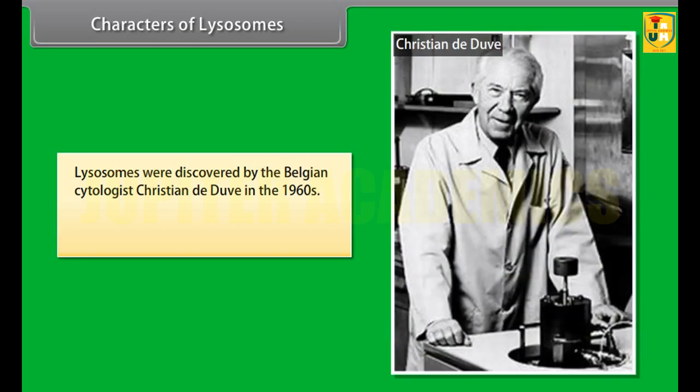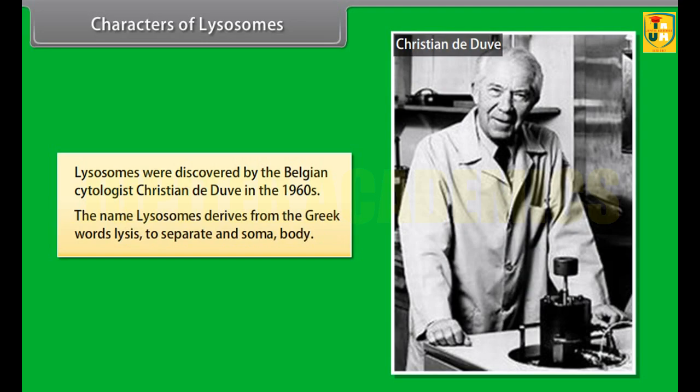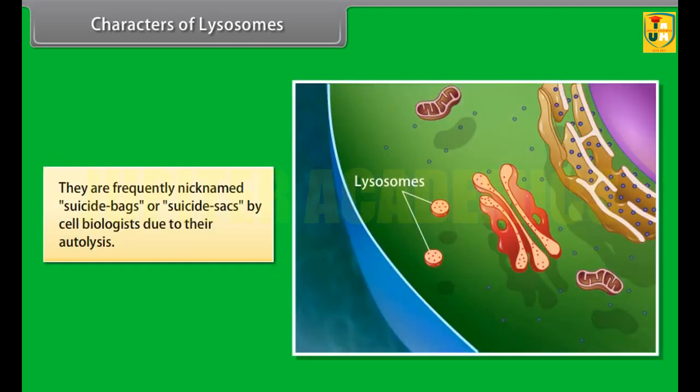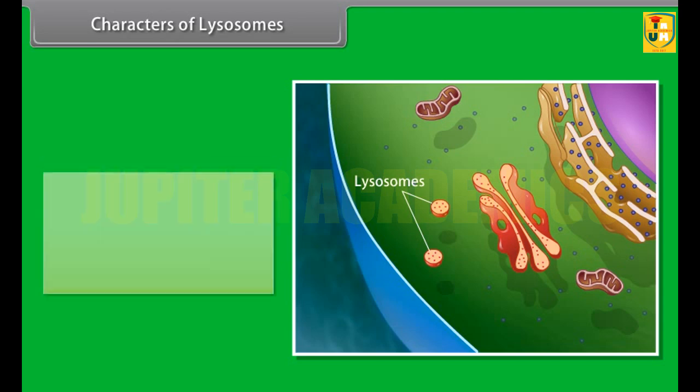Lysosomes were discovered by the Belgian cytologist Christian de Duve in the 1960s. The name lysosomes derives from the Greek words lysis, to separate, and soma, body. They are frequently nicknamed suicide bags or suicide sacs by cell biologists due to their autolysis.